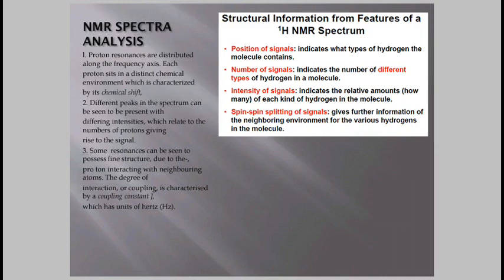Secondly, the number of hydrogens of each type is known from the peak intensity and number of peaks. Number 3, splitting in the spectra gives information about the neighboring environment of the various hydrogen atoms. This is the spin-spin splitting effect.